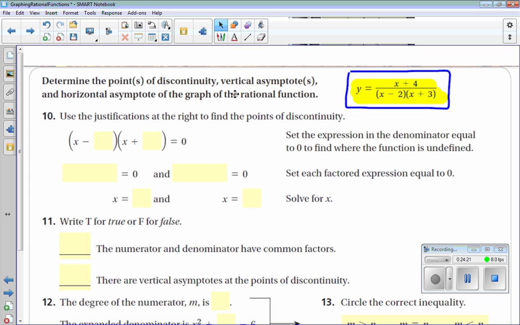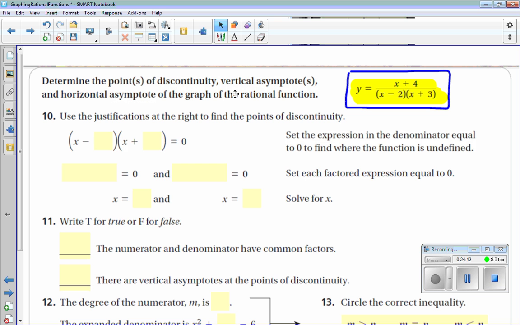It is already in factored form, which sometimes is helpful. If it's not in factored form, you will have to do that. So this is one step that we can eliminate, the factored form.